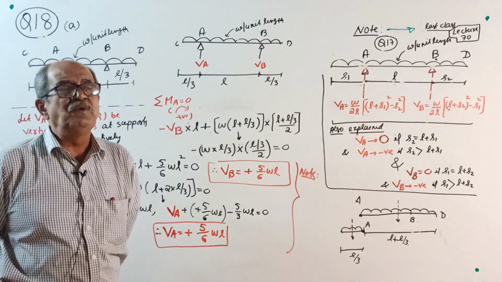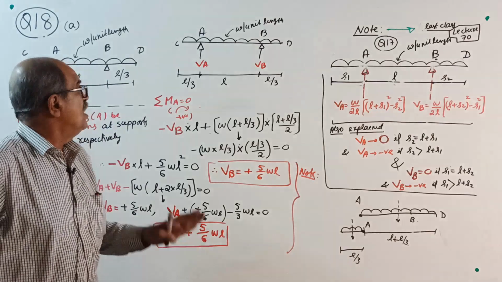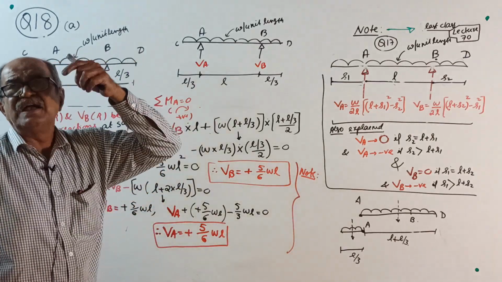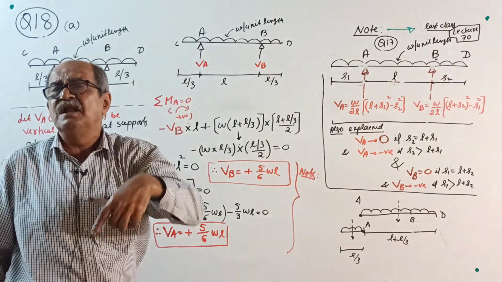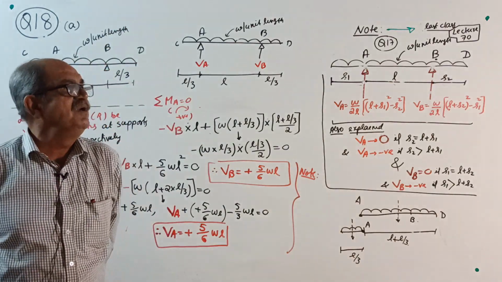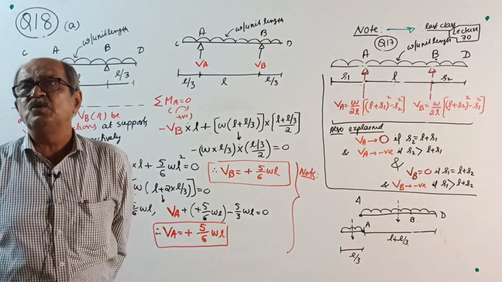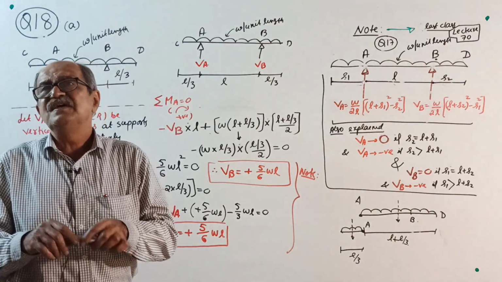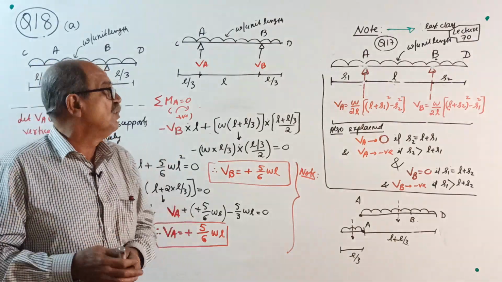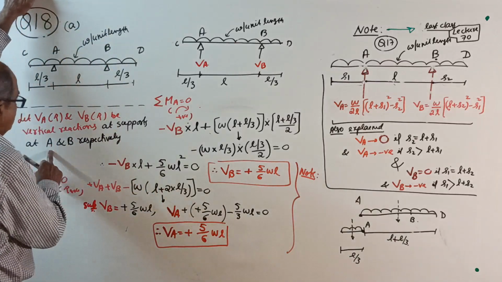But if you get negative, the assumption of upward reaction is wrong, it is actually downwards, so enter the value in the opposite direction but without the sign. Somebody asked me long back, sir, if it is 0, what to do? 0 means keep quiet, no reaction, it is on the verge of lifting. Okay, start. Vertical reaction over.